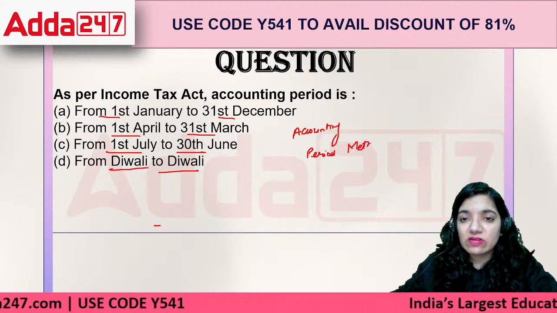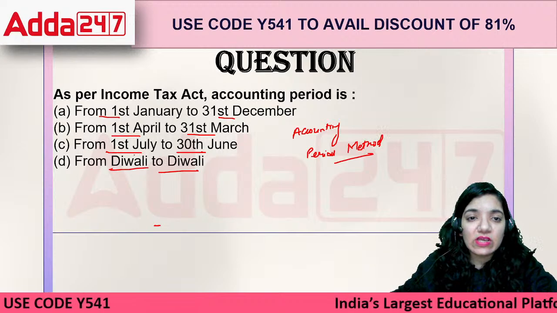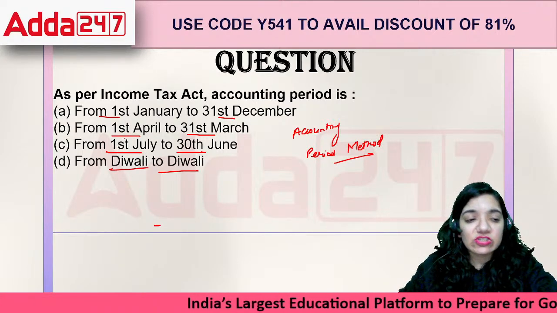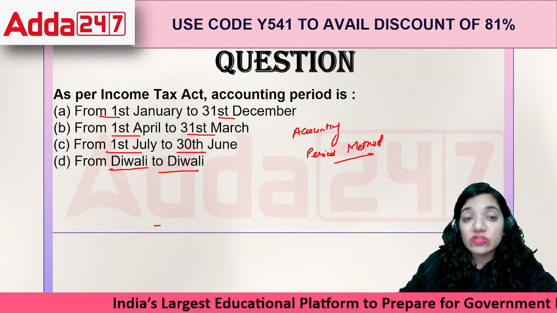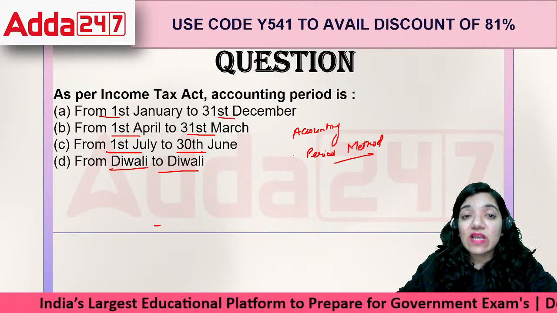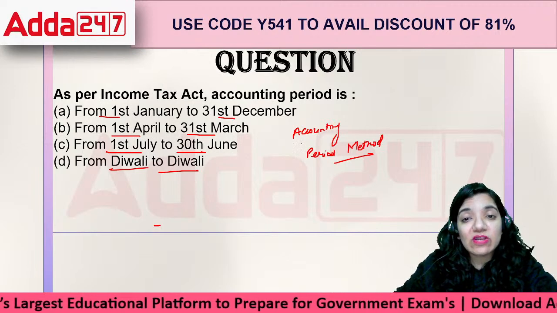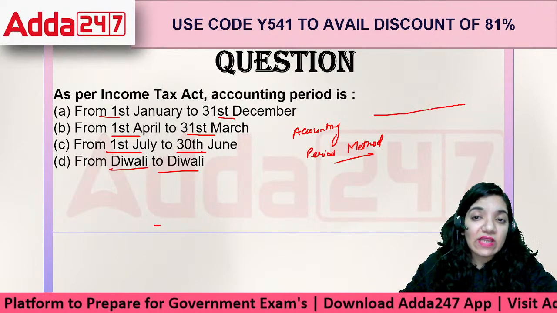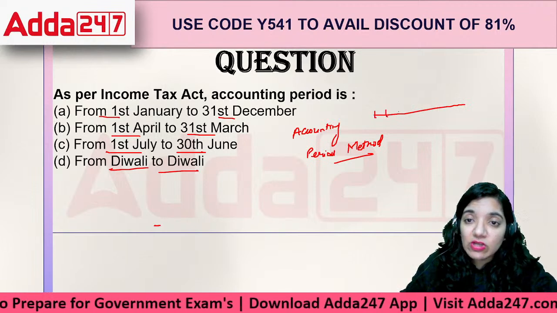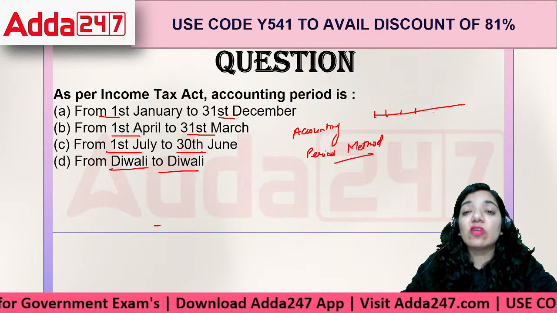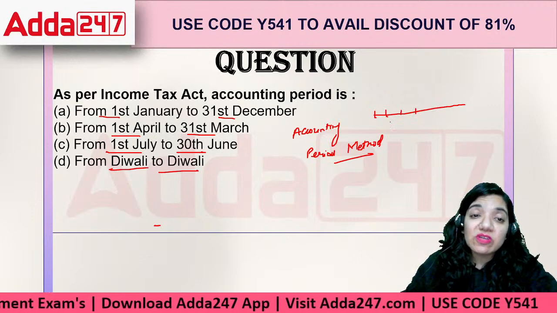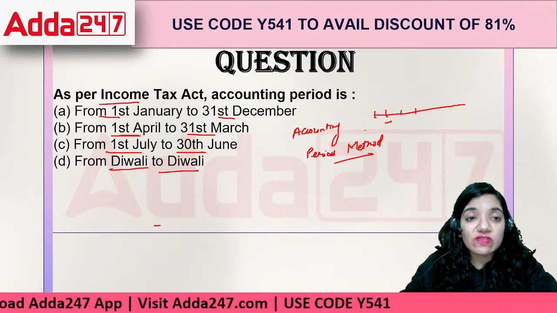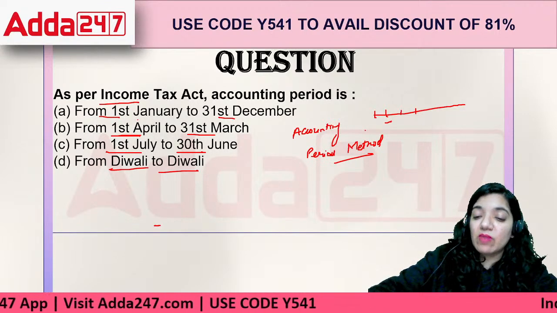Under this method, they decided a particular time which was the same for the entire country, the same for everybody who was using it. That was called the accounting period method, because you cannot study the entire business for the entire life of it. So you have to divide it into small bits. Those small bits are called accounting periods, and the accounting period system was introduced. So as per the Income Tax Act, it starts from 1st of April and ends on 31st of March.